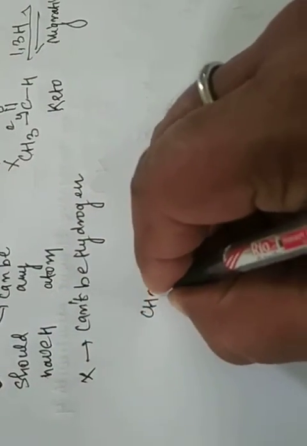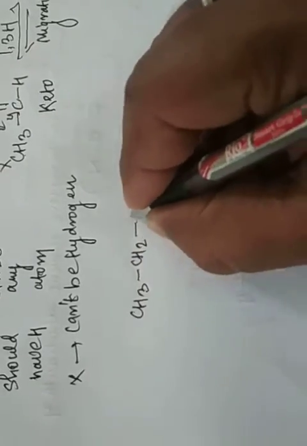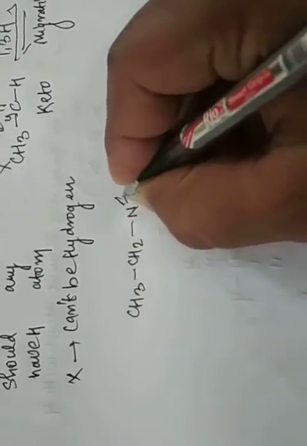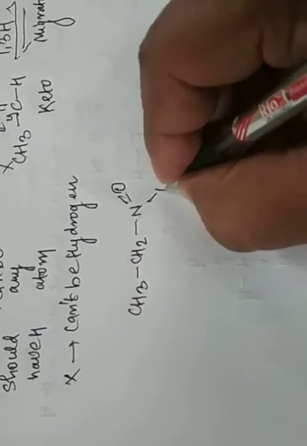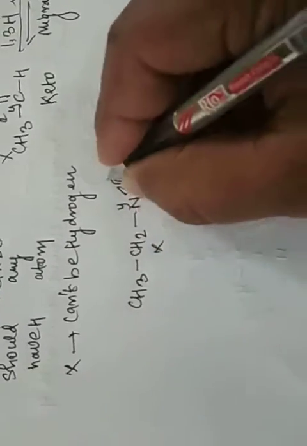CH3, CH2, then N, then double bond O, then O negative charge. Again check where is X. X is this, then Y and Z. Z again has a double bond.